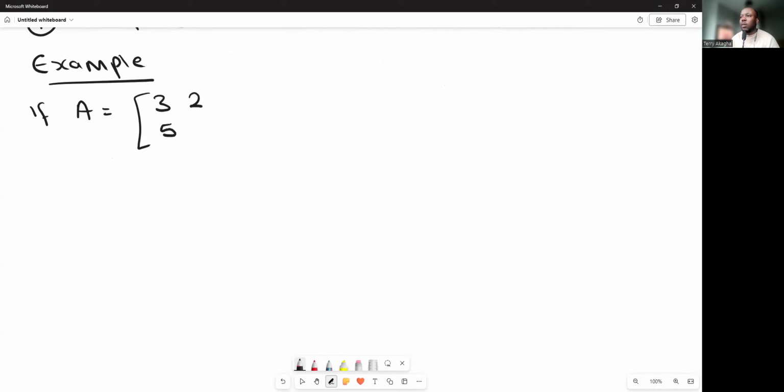So let's start with this one here. For example, the example I have here, we're told that A is equal to, we have it as a 2 by 2, so 3, 2, 5, 1. And we're told that B is equal to, let's say we have it as -1, 2, 5, and -2, okay?